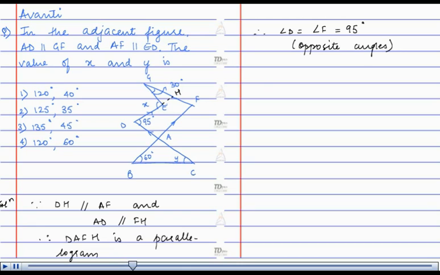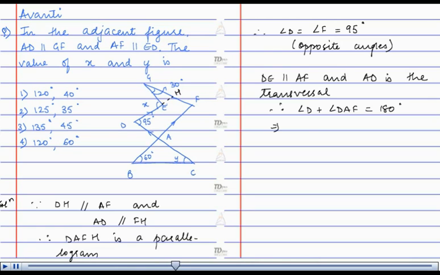Now, DE is parallel to AF and AD is the transversal. Therefore, angle D plus angle DAF is equal to 180 degree, since interior angles on the same side of a transversal are supplementary.